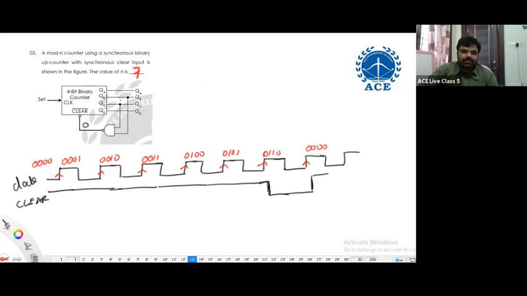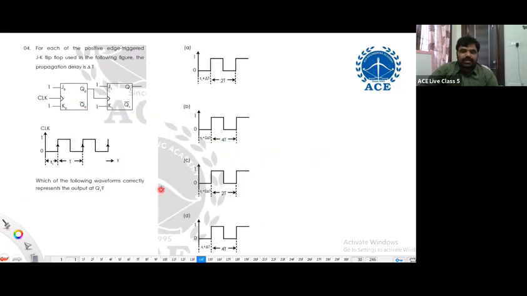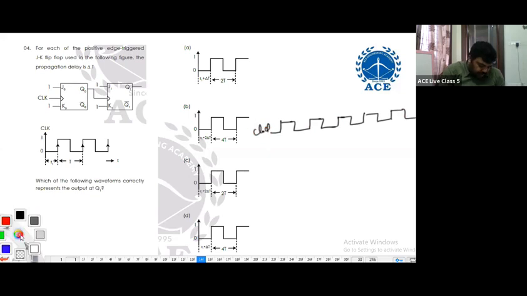Yeah, this is a very simple question in asynchronous counter as we discussed earlier. In asynchronous counter, as we discussed earlier, if this is a clock, for example, then what we discussed: the first flip-flop output is delayed at a positive edge of clock.